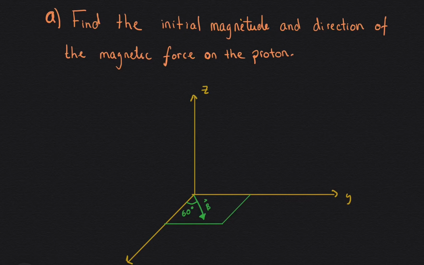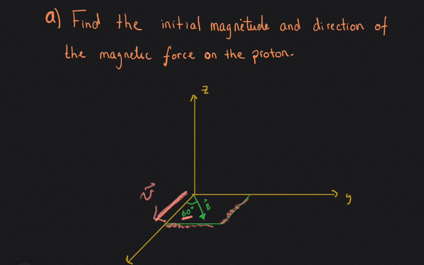So as the proton enters this region, we have an applied magnetic field of 60 degrees from the x-axis on this xy plane. Okay, this will be the plane. And the charge is moving on the x-axis. So I'm going to draw an arrow that will point towards this x-axis.